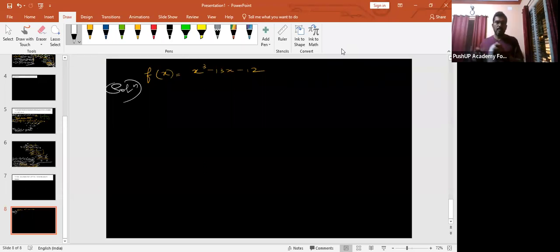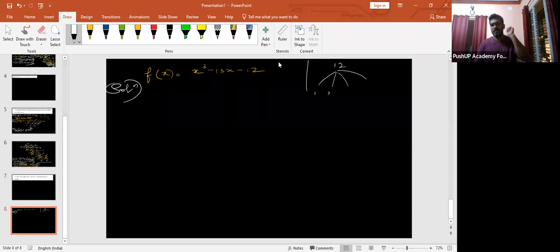Yes, sir. Okay. Now, those who are having a doubt in this question, look here. Purva, that's the right answer. K is equal to 11. F of x is equal to x cube minus 13x minus 12. They were asking us to factorize it completely. So you must have taken the constant value 12 and then found the factors of 12, right?